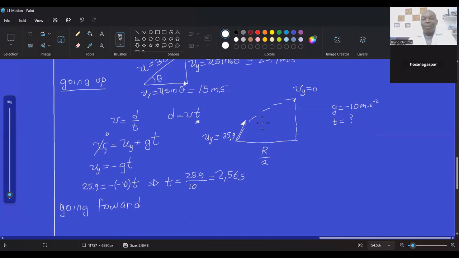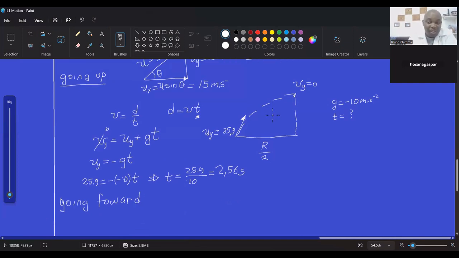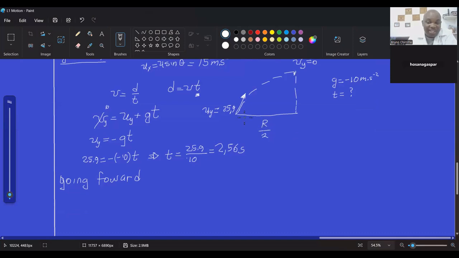Why are we using this time? Because we know that the velocity is the same. So if it takes the same time to move this half of the journey, we can use the same velocity. So we can say, look, again, the distance will be equal to v, in this case ux, the initial velocity, times the known time.